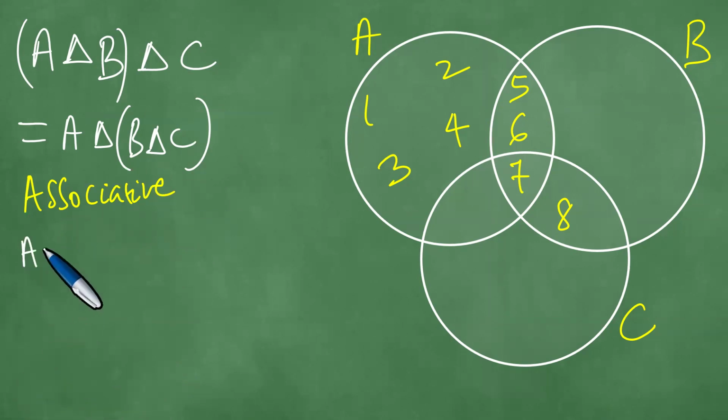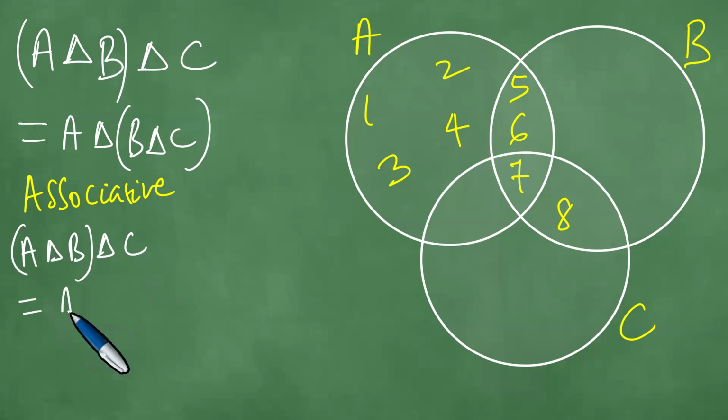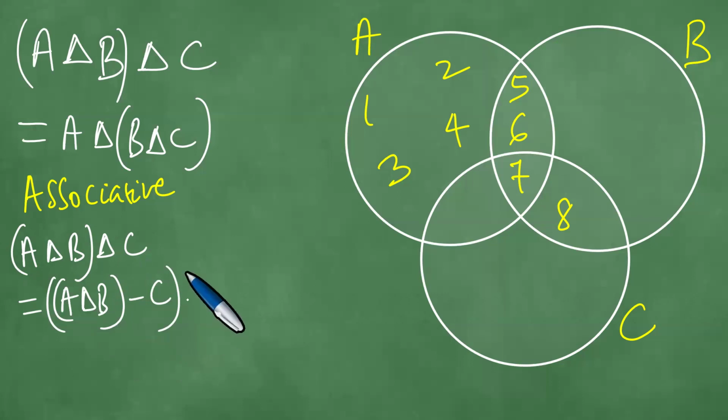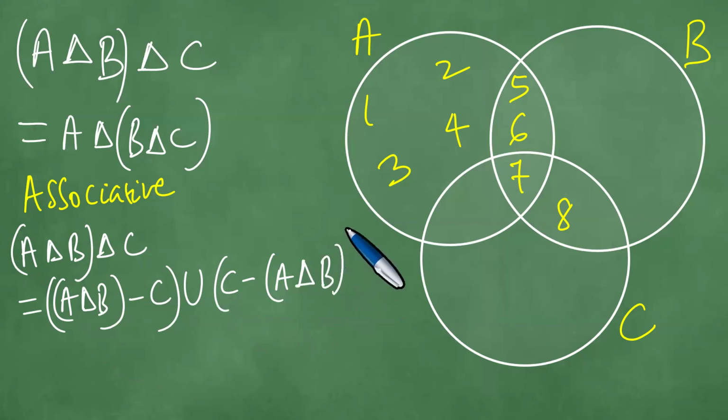So in other words, the symmetric difference of A, B, and C, we're going to look at it like this. It is the same as the symmetric difference of A and B, you subtract C from it, union C minus the symmetric difference of A and B. Okay, that's what we write like this.